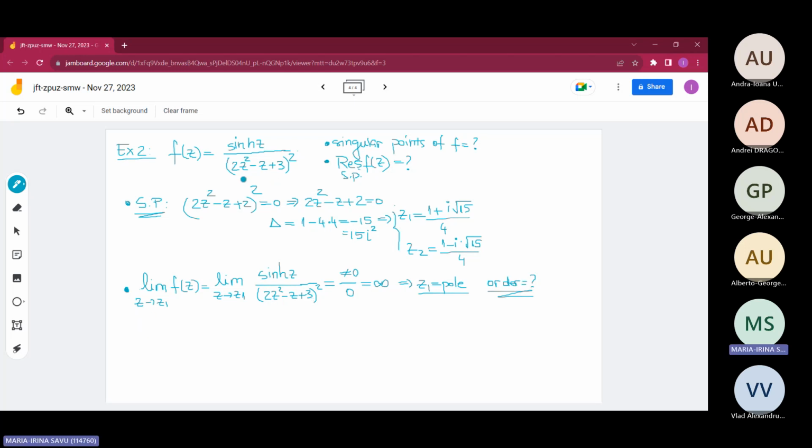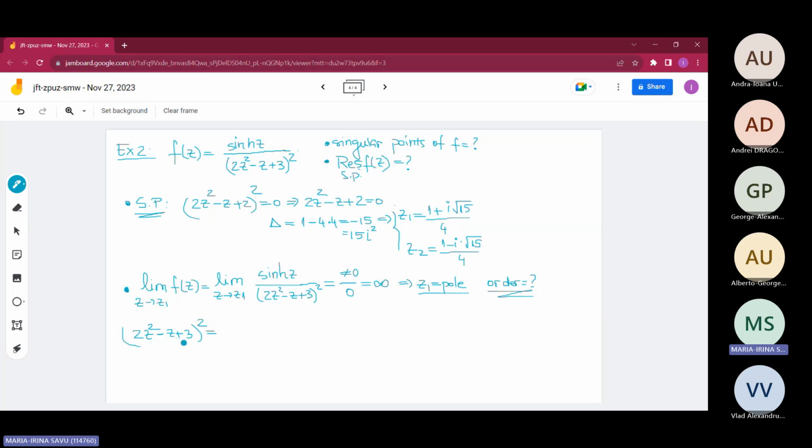The order of the pole requires, is it 2, the order? Yes, it's 2, because you have to write this expression as a product and look at the exponent for z minus z1.